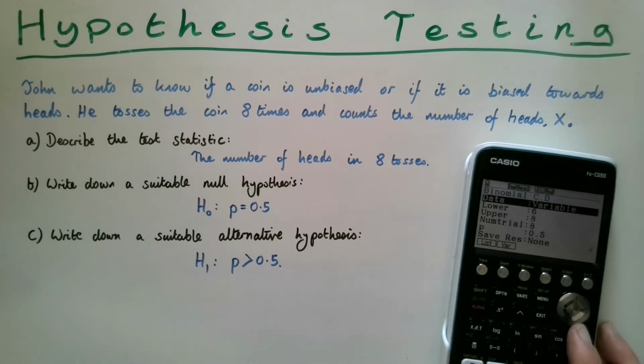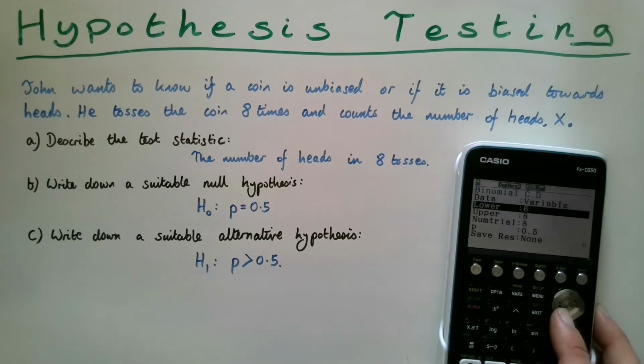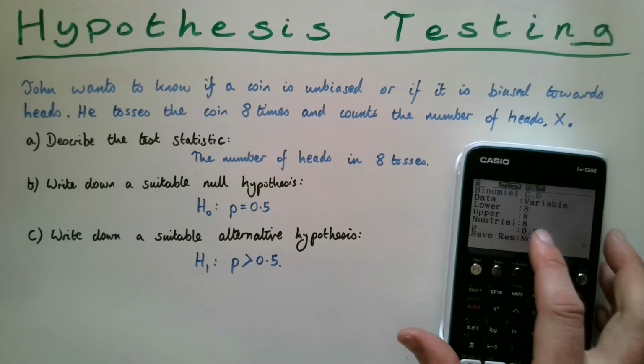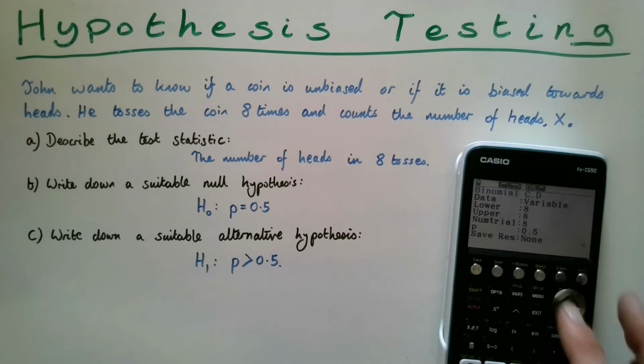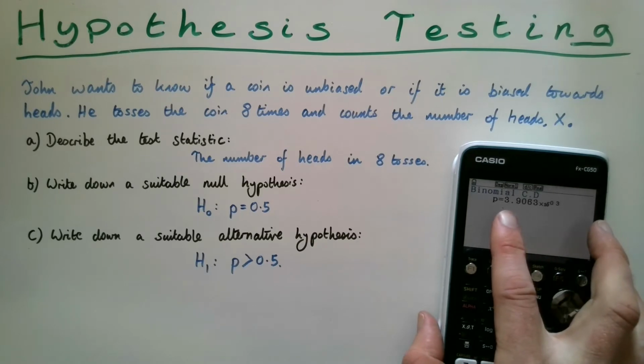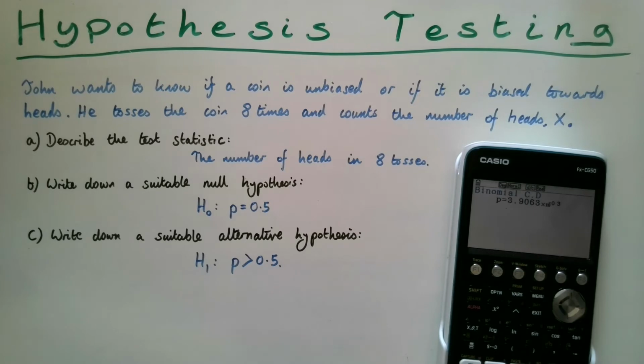And now we might be saying, what would be the probability that I get 8 heads, so lower being 8, upper being 8, number of trials is 8, and probability is 0.5. If I press equals on that, I get 0.0039, wouldn't it? So way less than a 1% chance of that happening.